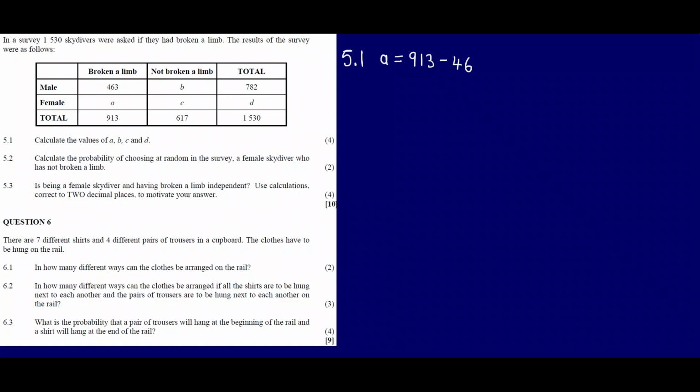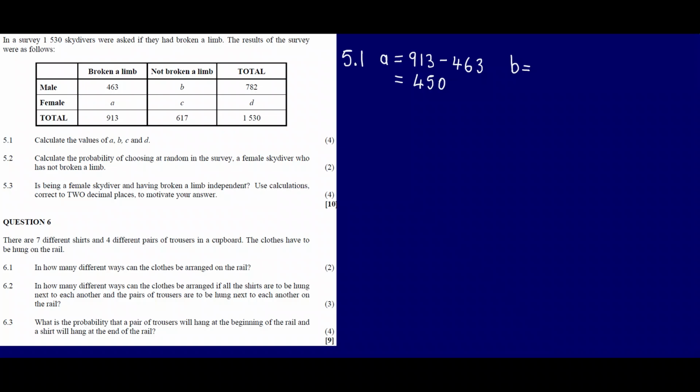We are looking for the females that have broken a limb, so we just subtract the two numbers. Using our calculator, 913 minus 463, the answer is going to be 450.